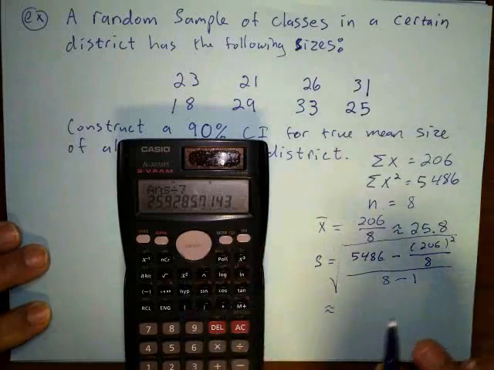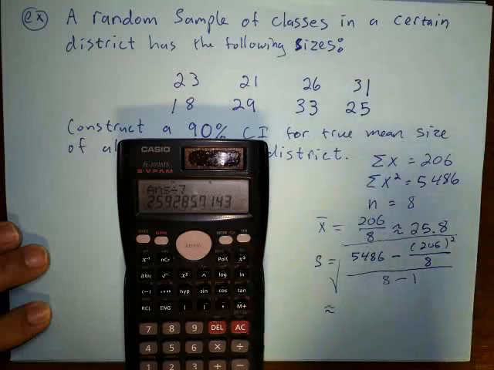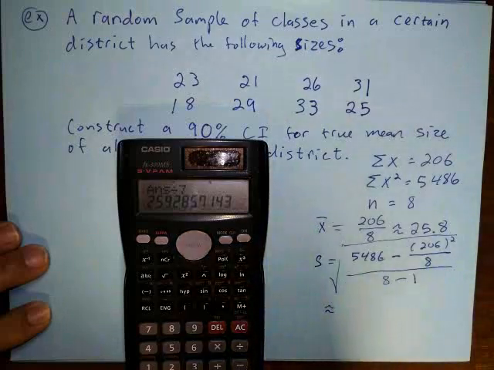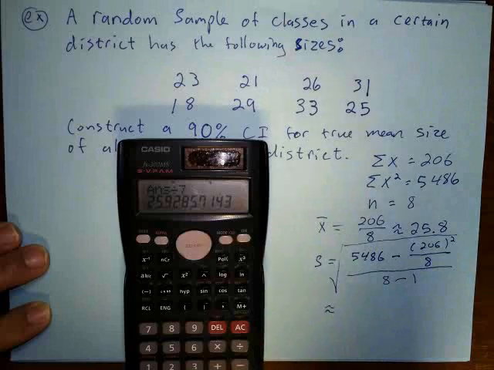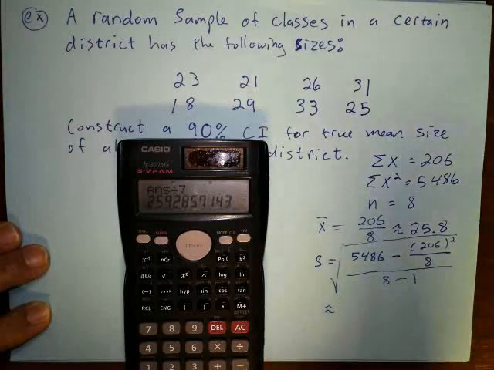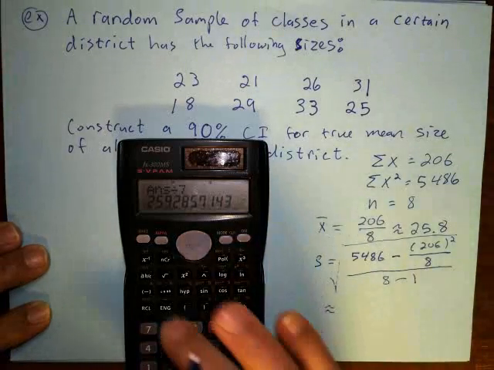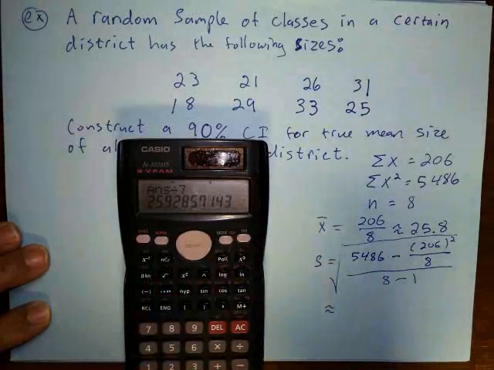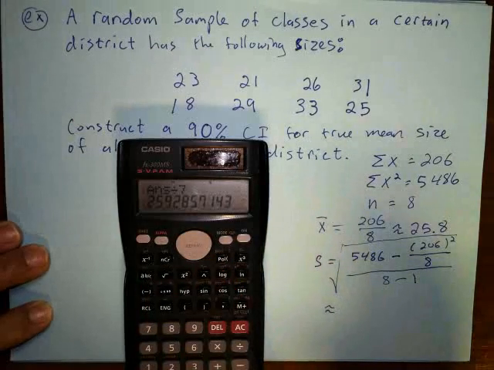If you didn't get the right answer and you're not sure why, look back, I think it was problem 8 on the homework. They gave you the variance, and what you have to do is take the square root of the variance to get the standard deviation. And you need to use the standard deviation in the problem, not the variance. There might be some other problems on the homework that are similar to that.